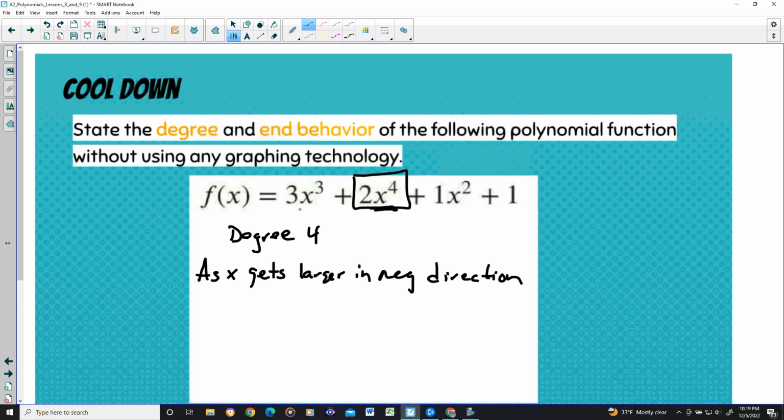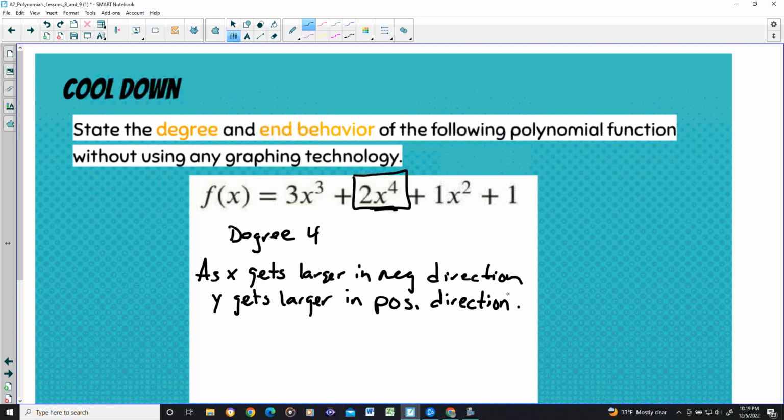These numbers, yes, this will be negative, but it won't be big enough to overtake the fact that these here will be positive. Y gets larger in positive direction. Okay?